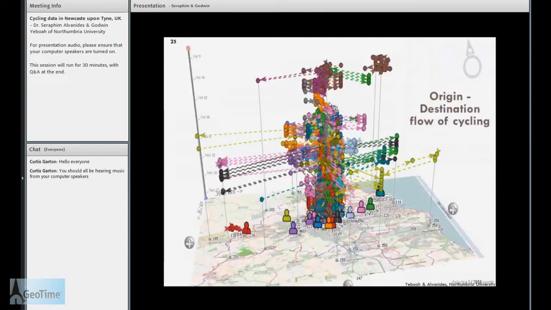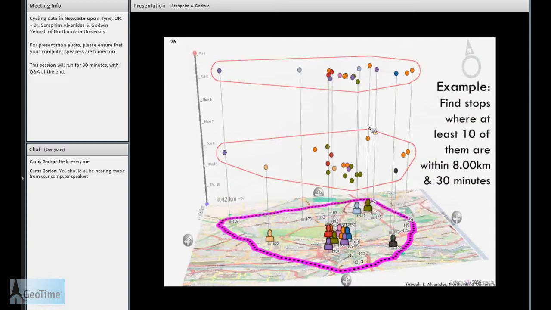And talking about origin destinations, we can also identify, based on the flow of the cycling, whether it's from or to work or home, we can identify the centers, the origins and destinations that people tend to visit, and try and do some sort of space-time cluster analysis, like in this example.